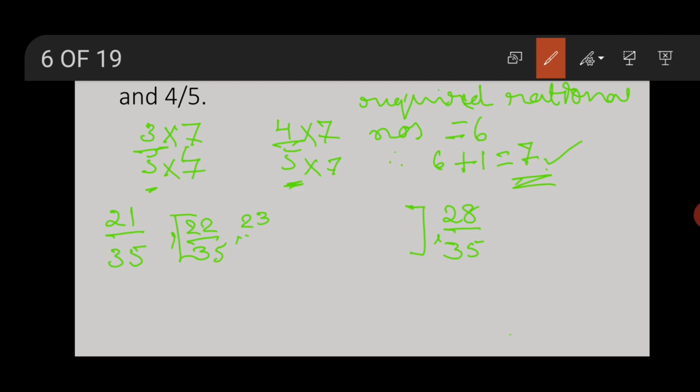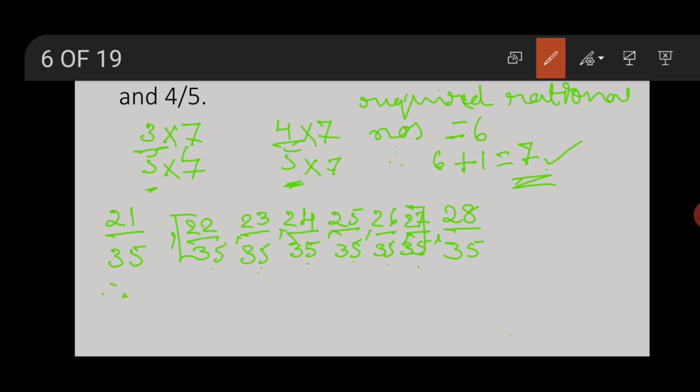Write one by one. 22 divided by 35. Next number 23 divided by 35, 24 divided by 35, 25 divided by 35, again 26 divided by 35 and 27 divided by 35.